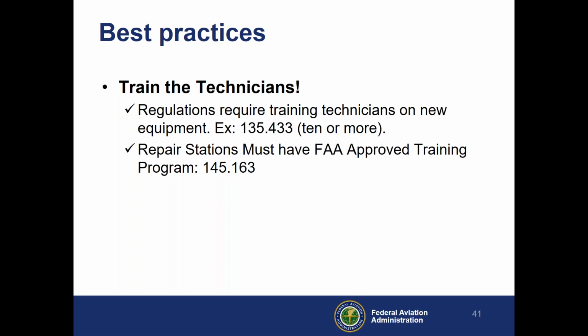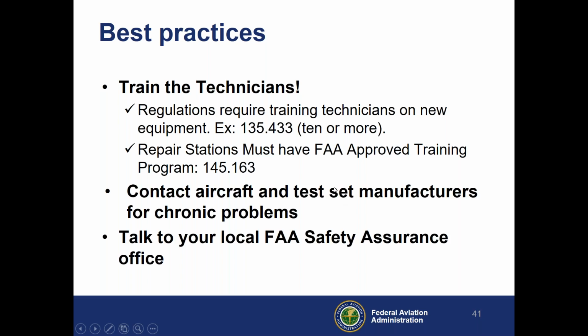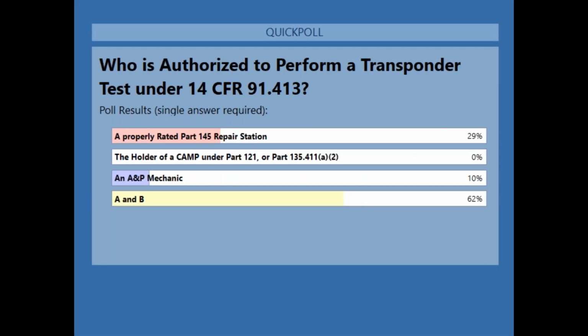Okay, looks like most people say that a properly rated 145 repair station can do it. There's your poll results. Okay, and we're going to get the answer here shortly.